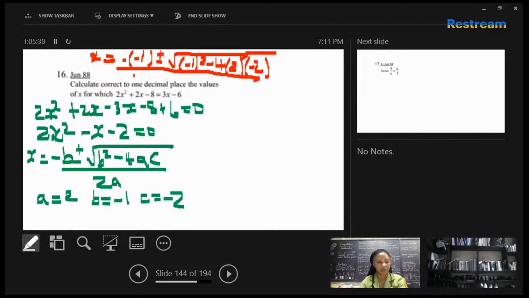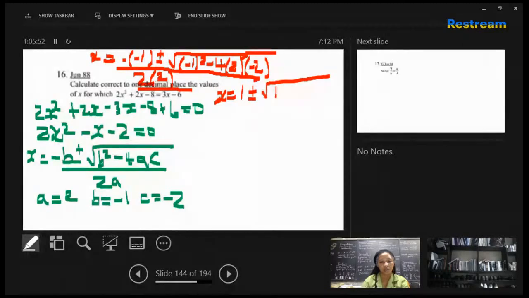And the answer must be one decimal place, right? So x is equal to 1 plus or minus the square root of 1 plus, this is plus, 4 twos are 8, 8 twos are 16, so 16, over 4.